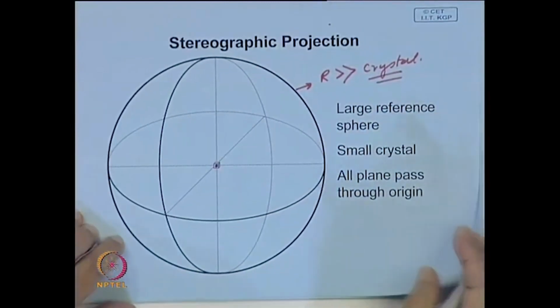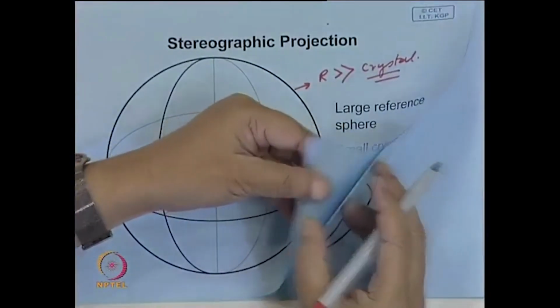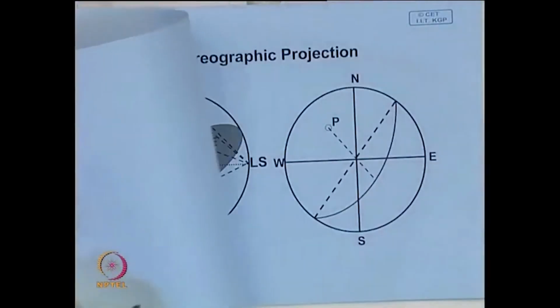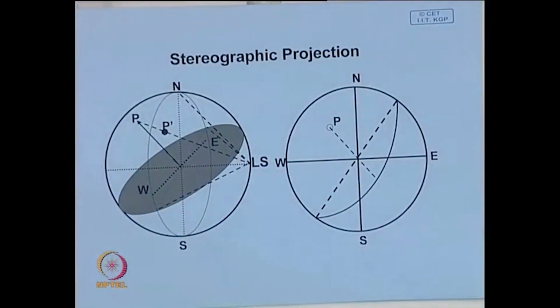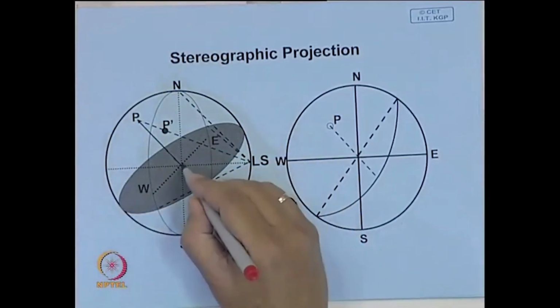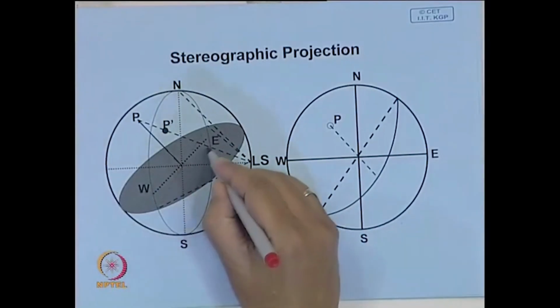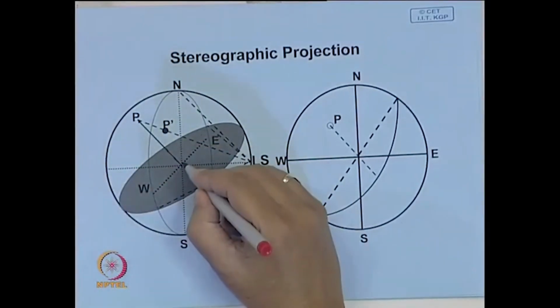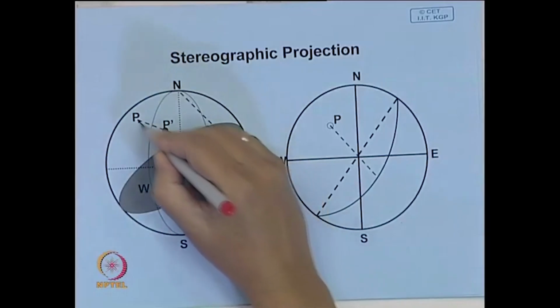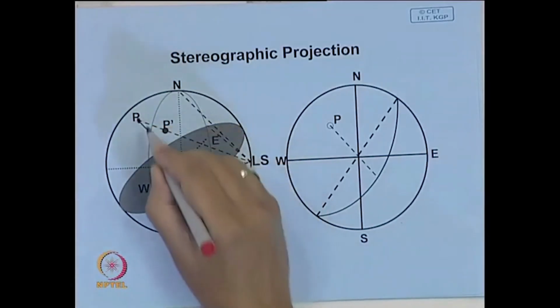Now, what you do is look at a particular plane in the crystal. This plane, as I said, will pass through the origin. Now draw a line which is perpendicular to this plane and extend it to intersect the reference sphere.